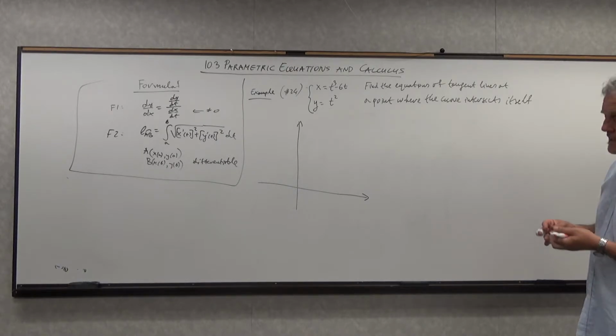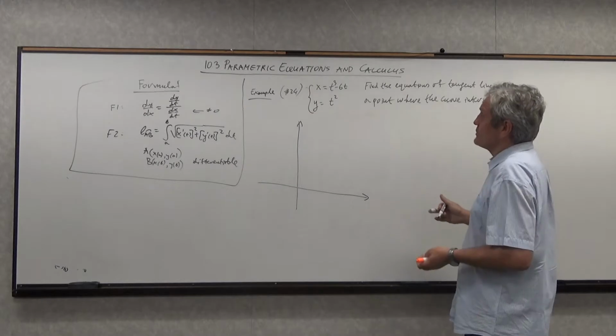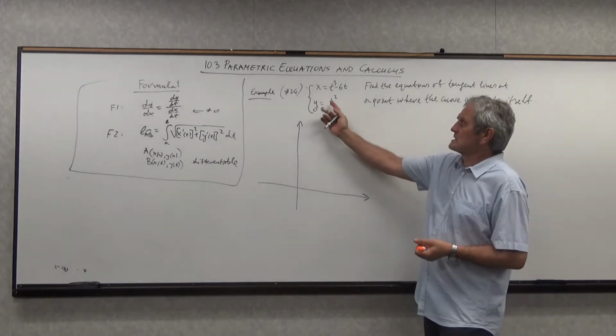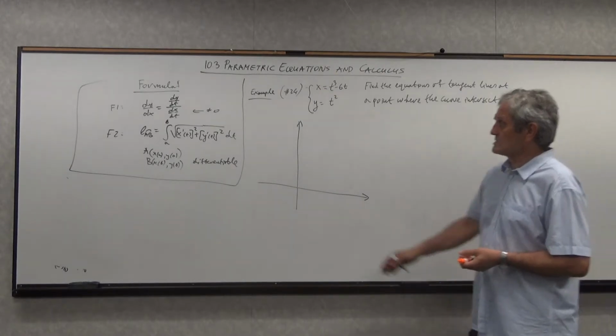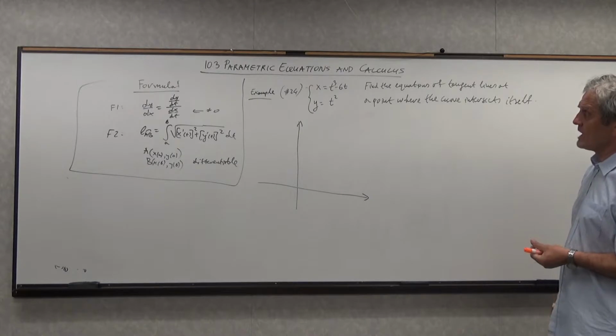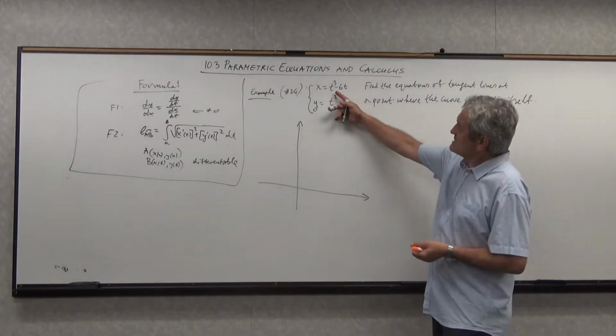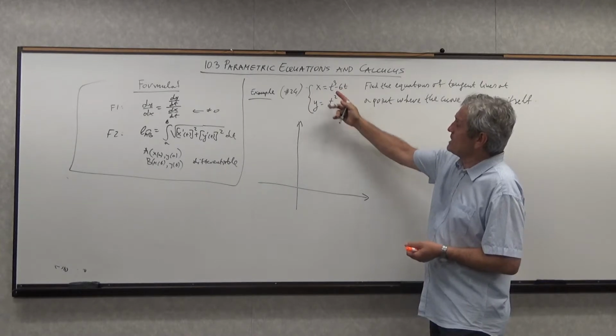So if I'm doing it by hand, then I will just examine a few points. What is the first observation? That y is always non-negative, so this will stay above the x-axis all the time. What else? X is obviously an odd function of t because both powers are odd.